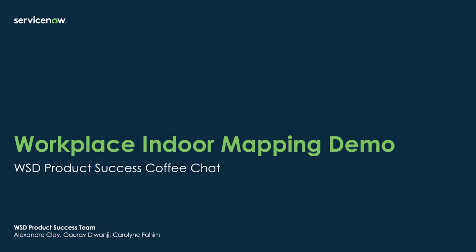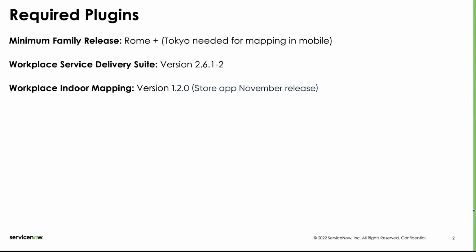An excellent point there, Carolyne. A common question that we've had is, how are these updates related to family releases? And that goes to the first slide that we had. They're not related. As long as you're on Rome or above, you can still just selectively update the workplace service delivery application and the indoor mapping application to get the latest and greatest.